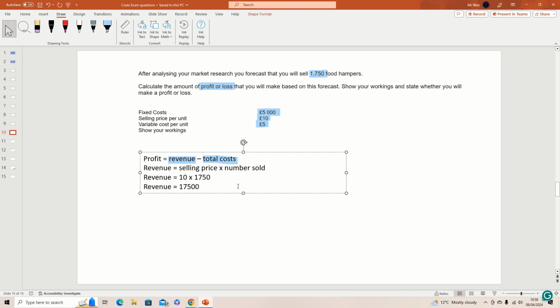Okay, next step, total costs. Our total costs are our fixed costs added to our variable costs. Now, we need to work out our variable costs before we go any further, because our fixed costs are already being told at the top.